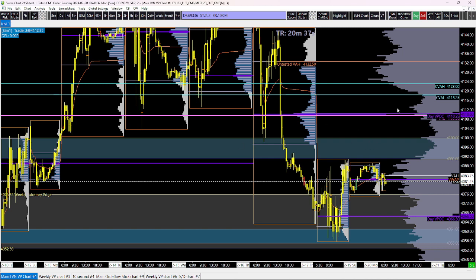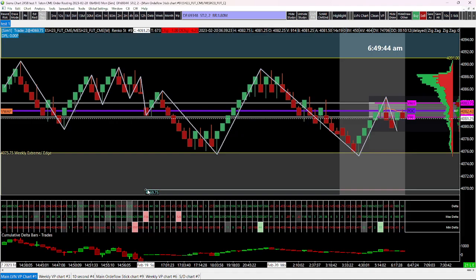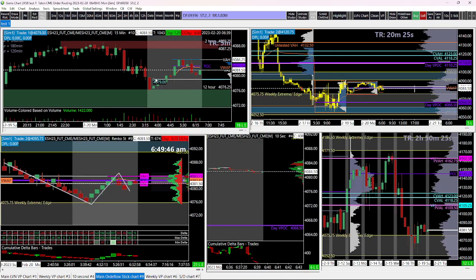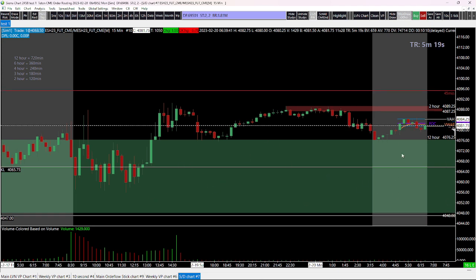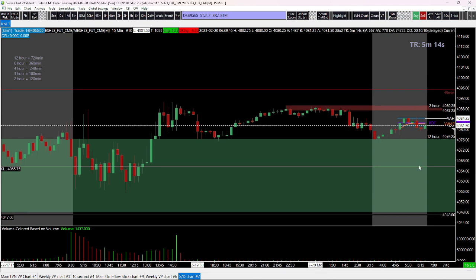The move up to the daily VPOC, we could possibly look into getting a trade. Oh, wrong one. Right down here at 40.76, all the way. We can try looking at a trade here, most likely a trade around 40.68 to 40.64.